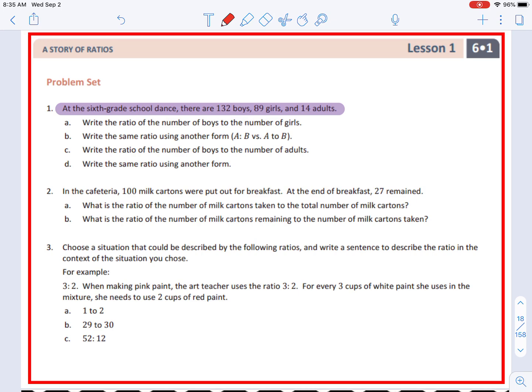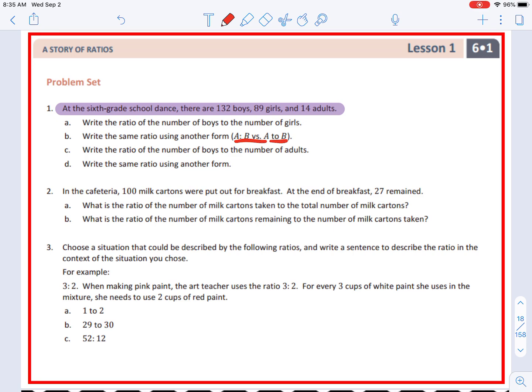Letter A is a question: write the ratio of the number of boys to the number of girls. Letter B: write the same ratio using another form. That's just telling us to use a colon or the word to. Letter C is write the ratio of the number of boys to the number of adults. And then D is just asking you to write it in another form.